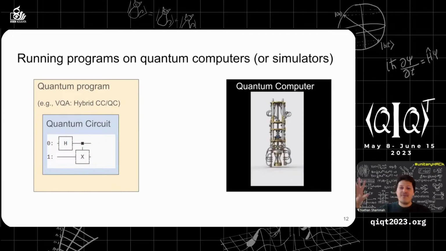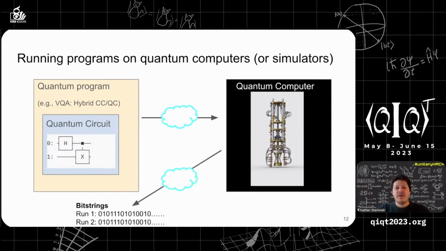So then we have our quantum computer. Here you can see a Lego version. And through the cloud, we can send the quantum circuit instructions to the quantum computer. These instructions are then made executable for the quantum computer, and what is returned to the user is generally bit strings for each run.